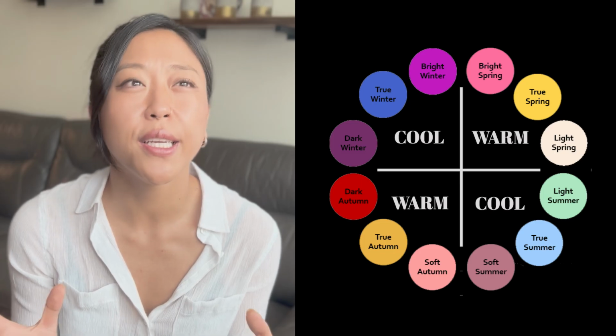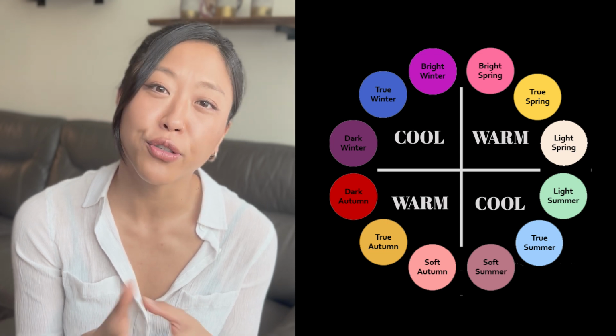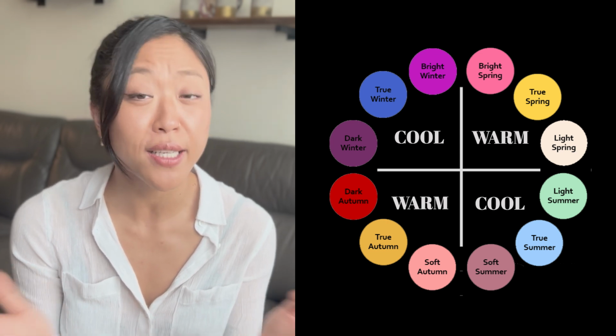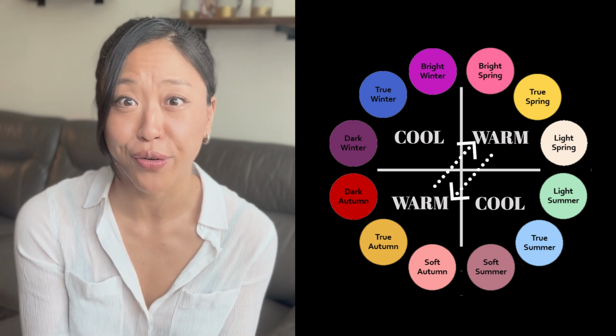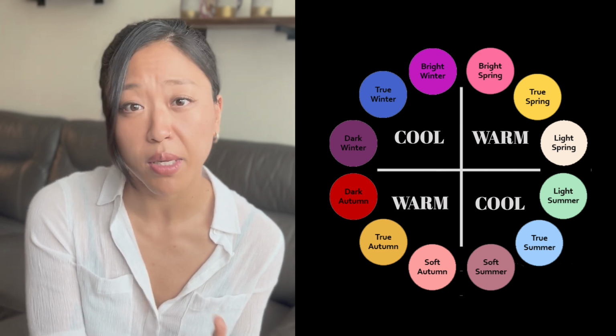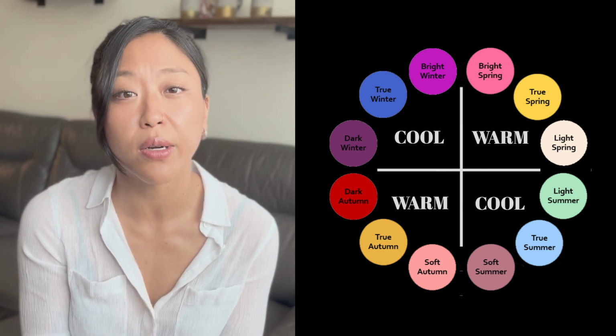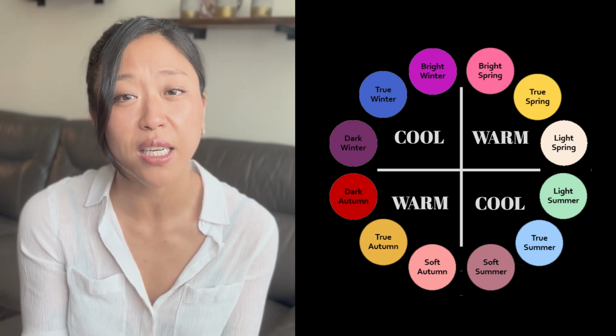But if we're truly talking about everything being on a spectrum, not only can our personal palettes be influenced by the adjacent seasons, they can also be influenced by the seasons that are across from each other. In other words, seasons on the same side of the temperature spectrum can also have an influence on each other because these seasons share the same characteristic of temperature.